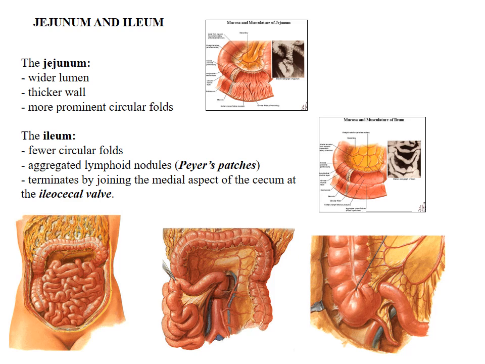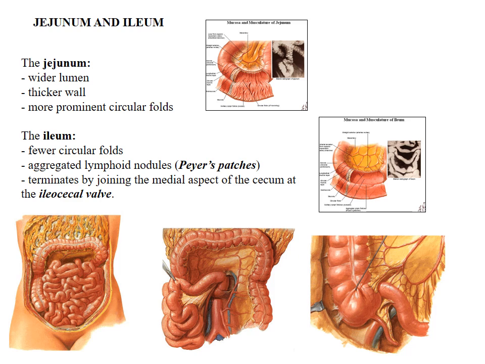The junction area between the jejunum and the ileum has no gross morphological points to distinguish them. Only histological features are different.